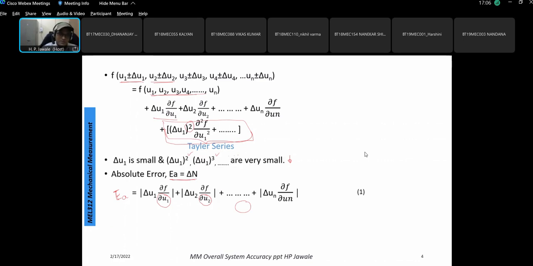On neglecting them, we can write the estimated error as the uncertainty in measurement 1 times the partial derivative of the function with respect to u1, plus the uncertainty in the second measurement times the partial derivative with respect to that entity under measurement, and so on. This gives the error that can be present in the measurement.